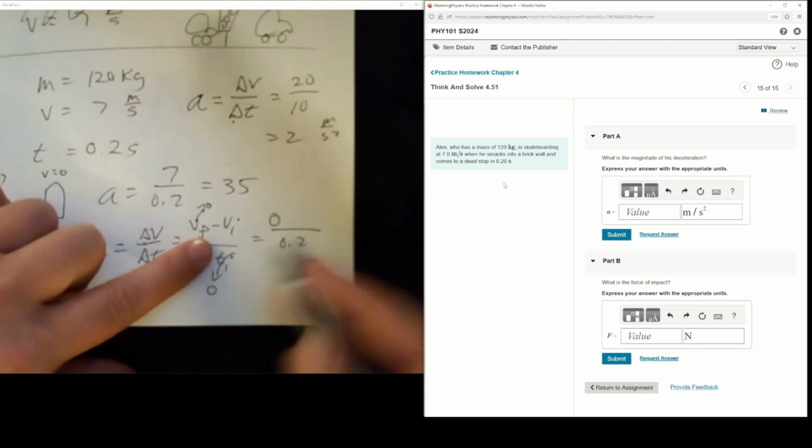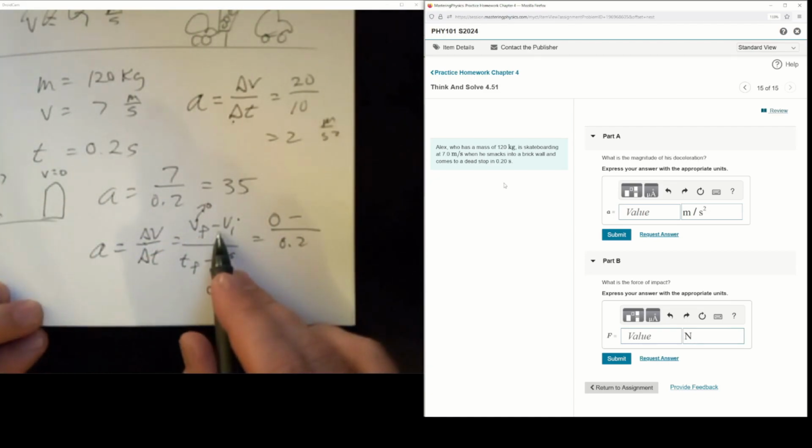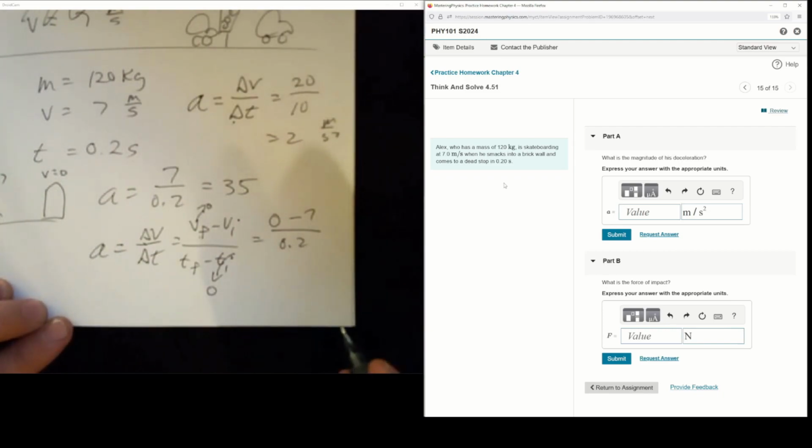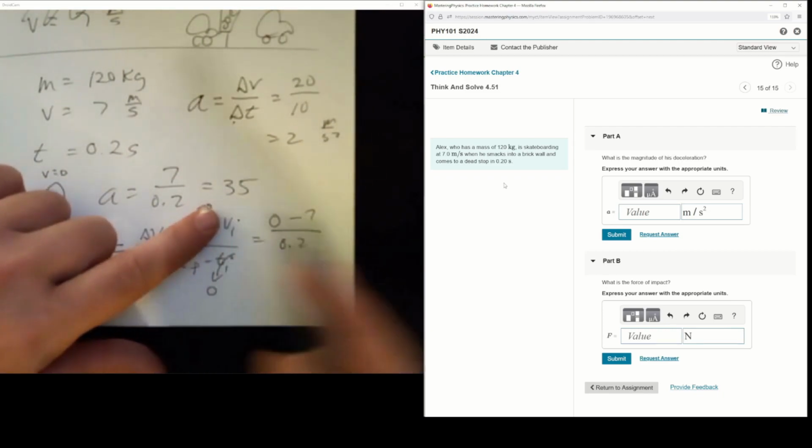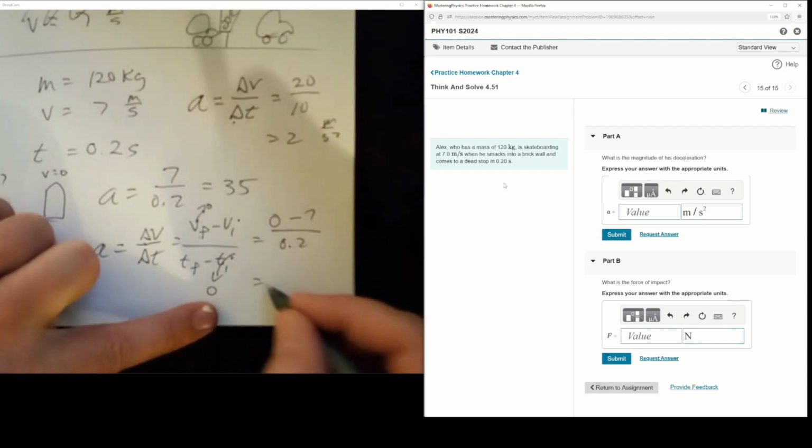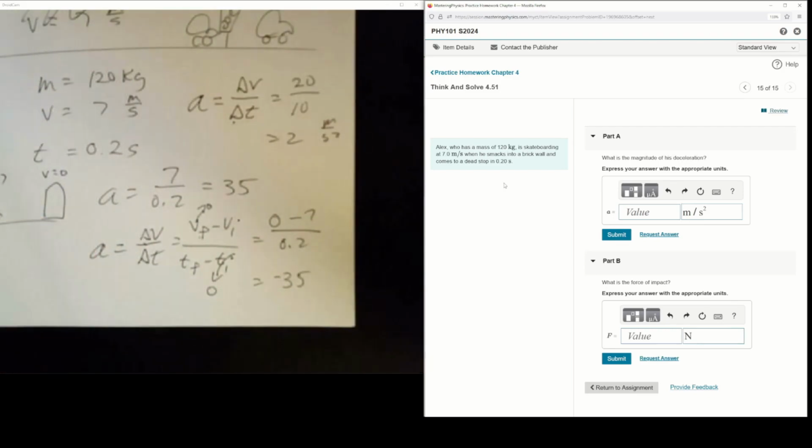And then we have minus the initial, which was 7. So this 35 we got is technically negative. Negative acceleration, that's what happens when you hit your brake, when you need to slow down, also commonly called deceleration.